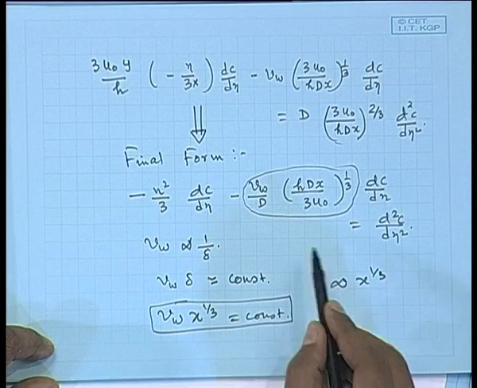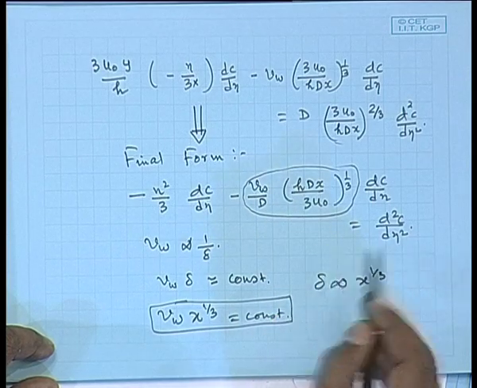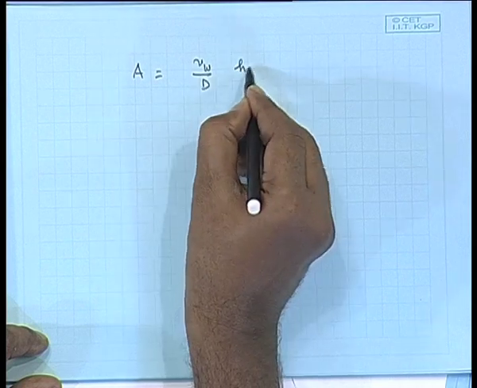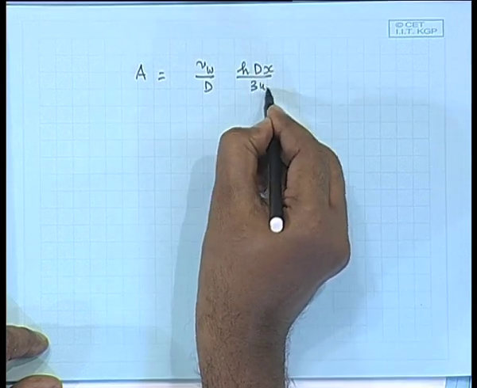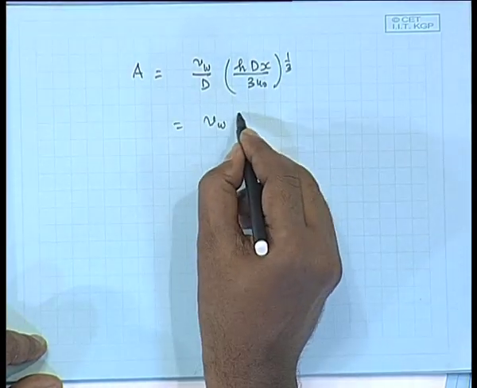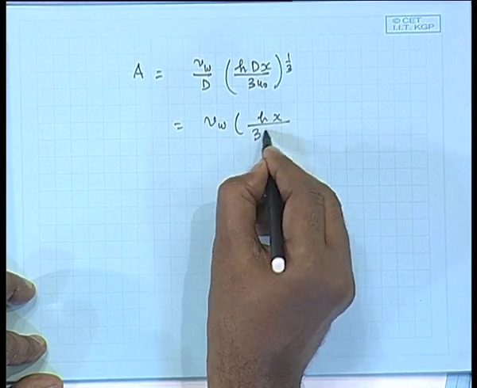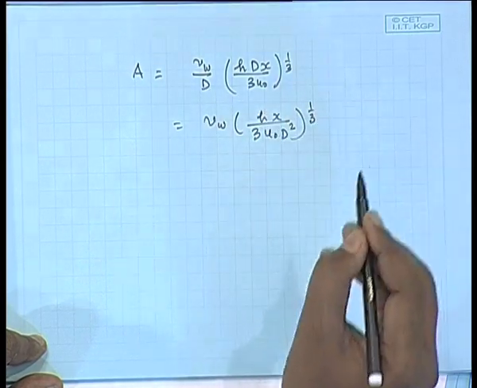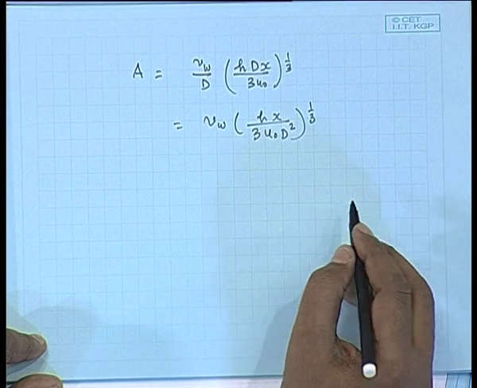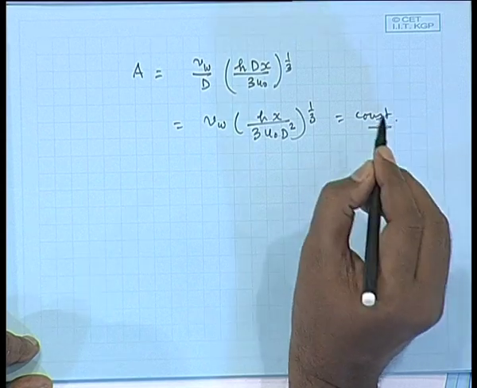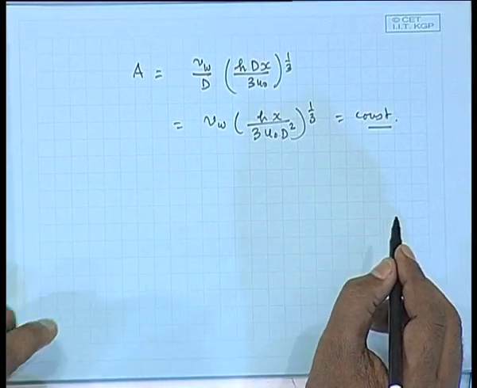Let us call this constant A. So, A becomes Vw by D (h D x by 3 u0) raised to the power 1 upon 3. So, this becomes Vw (h x by 3 u0 D square) raised to the 1 upon 3, you can take D inside. Okay. Now, this is a constant and that constant is A. Now, how to find out that constant is a different issue. Let us look into the solution now.